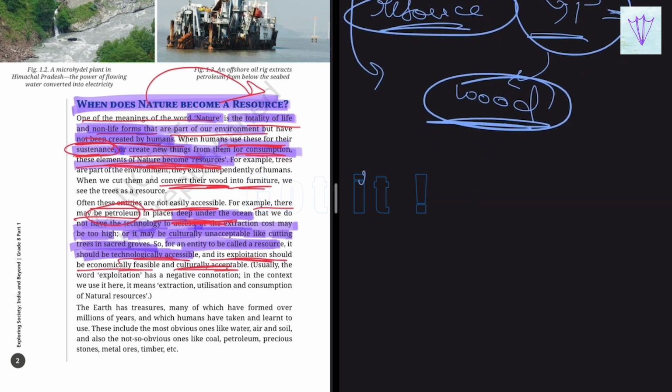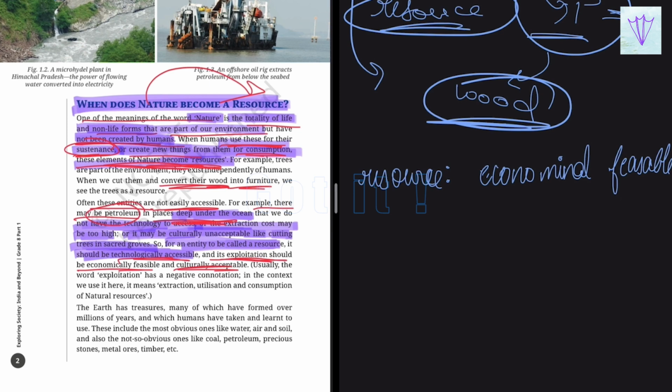So when does something become a resource? Something becomes a resource when its extraction is economically feasible, that is, it is not too costly. That is the first point.